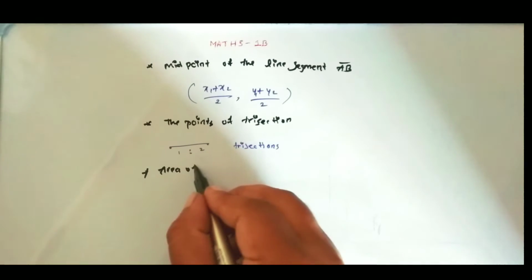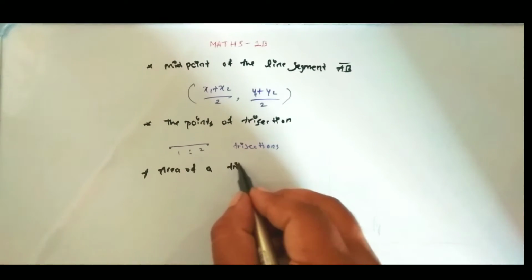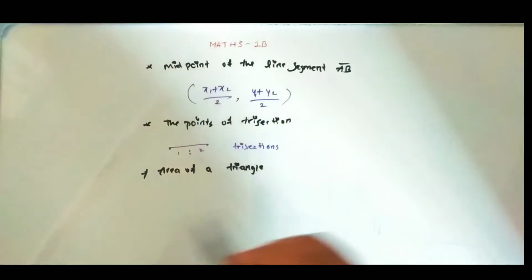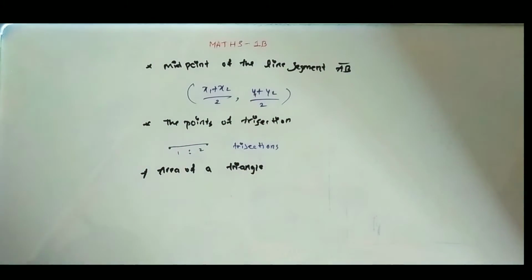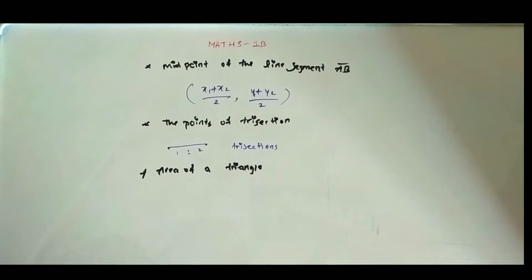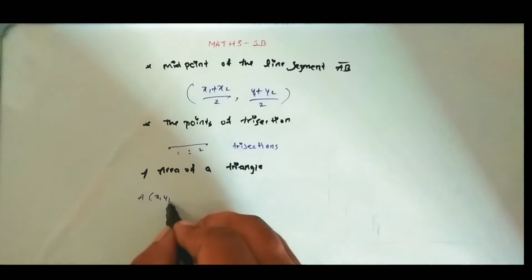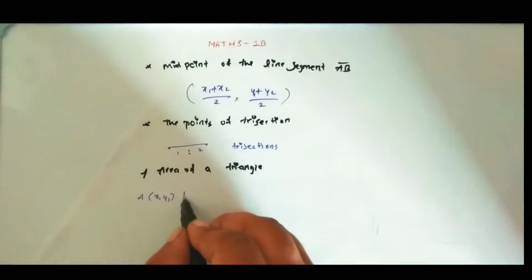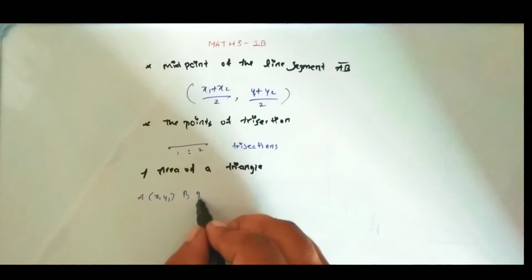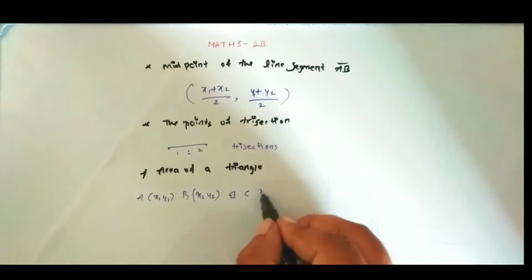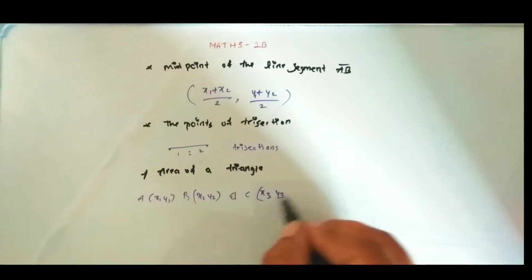So the next one is area of a triangle. Okay, the area of triangle with the vertices at A point, B point, C point. Here A point we take x1 y1, B point x2 y2, and C point x3 y3.